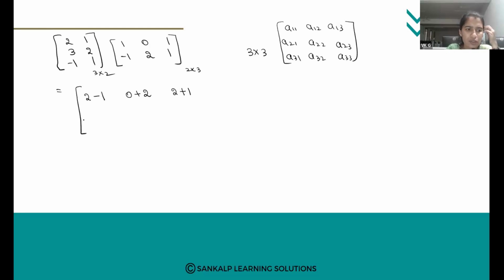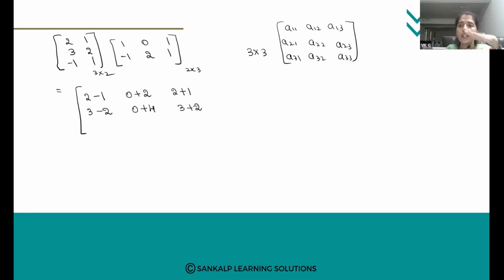Yes, Subhash. Next, I'll consider the second row. Second row, first column, 3 into 1 is 3, plus 2 into minus 1 is minus 2. Second row, second column, 3 into 0, 0, 2 into 2, 4. Add them. Next, second row, third column, 3 into 1 is 3, plus 2 into 1 is 2.